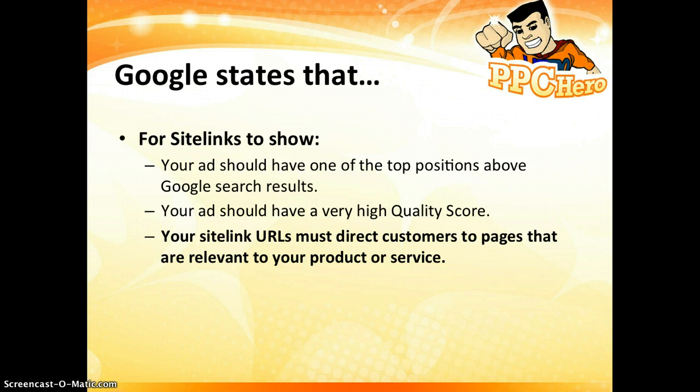So, I highlighted this for a reason, and the reason being that nowhere here does it state that your site links need to point to separate URLs. Rather, you could create additional product benefits, prices, everything we just finished talking about. You can highlight that using your site links, and you can actually point them to the same URL.